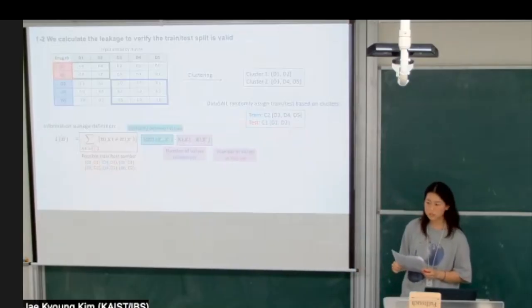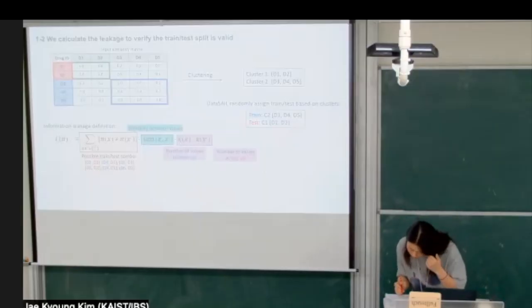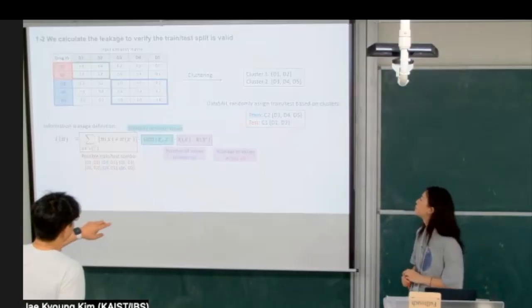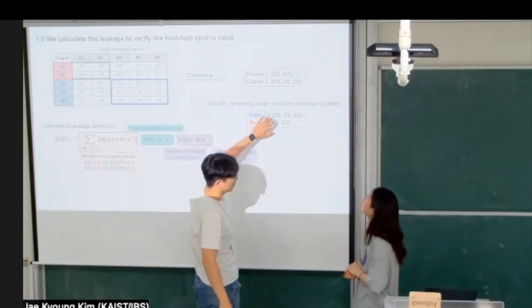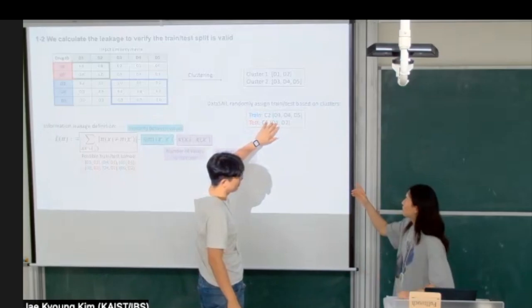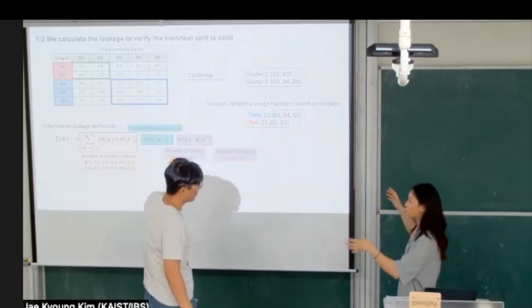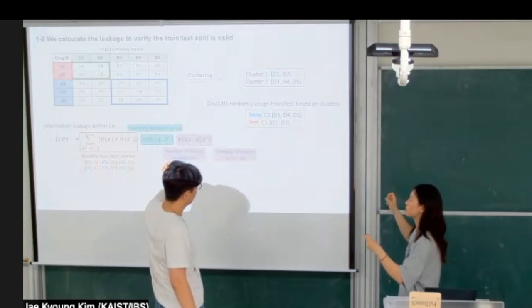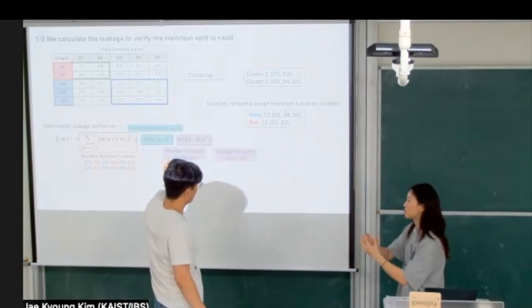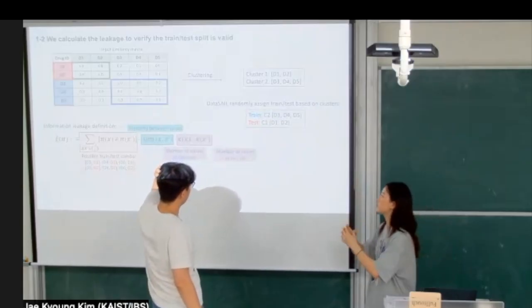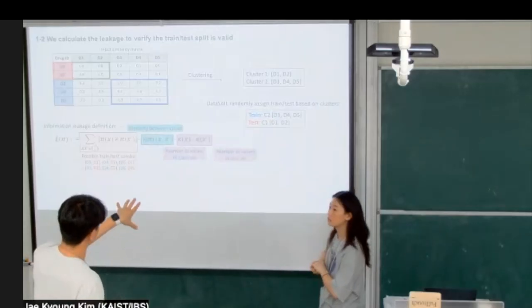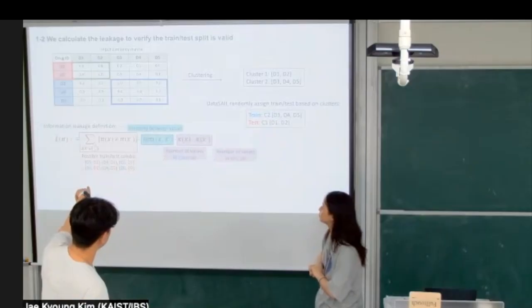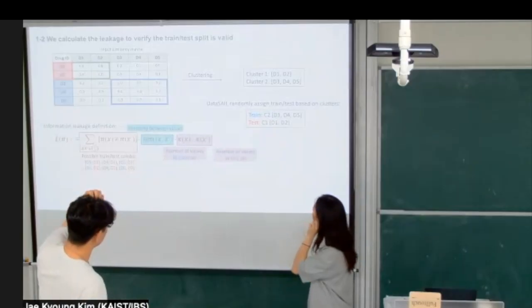Let's do that again. Then Mina, train and test don't need to be a cluster, right? Yes, but if the data is too big, they wanted to group them by similarities first, because usually the dataset is too big, but that's how DataSAIL works. But for the information leakage calculation, we don't need that.